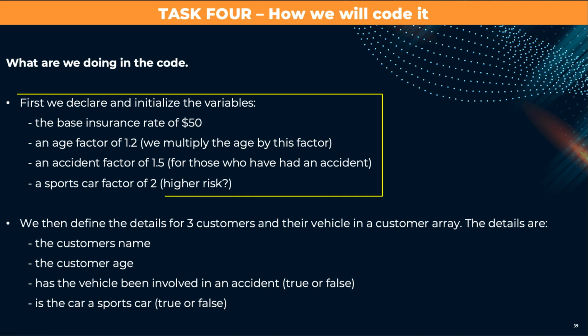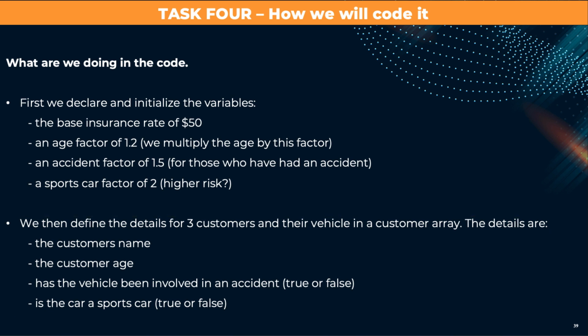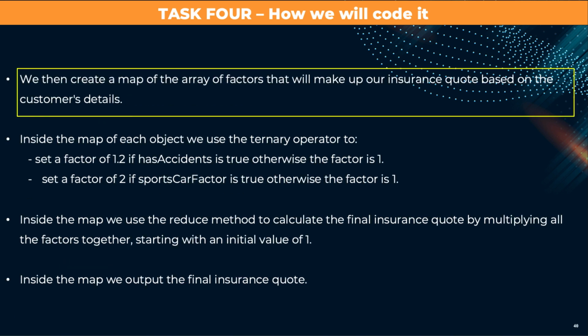Well, we'll do exactly as we did before. We'll define and initialize our variables, and then we'll define 3 customers this time. We then create a map of the array of factors. So we will have an array of factors, but we're going to map over that, so one for each object.